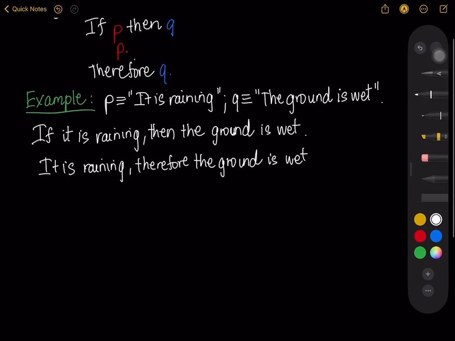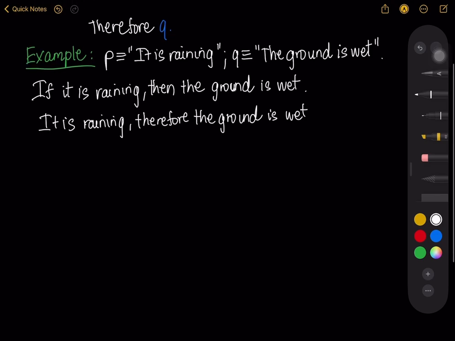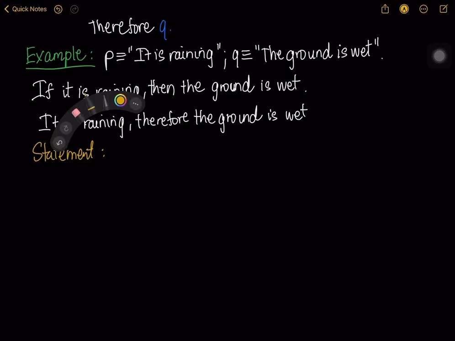Now let's look at some definition of a statement, also called a proposition. So what is a statement? A statement is a sentence that is true or false, but not both.